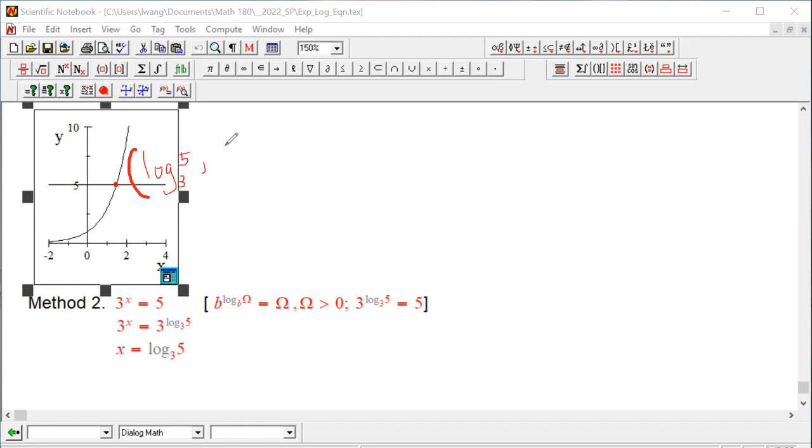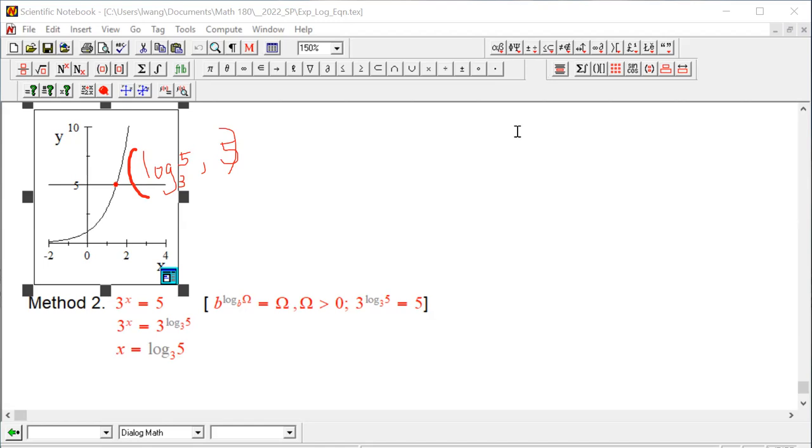The output is 5 at that point. Make sure you take a note on that because we're going to have to erase it, because these two software don't talk to each other. Method 1, method 2. As you can see, if we simply use a graph, sometimes it's difficult to identify the precise value. That's why we need the algebraic method.